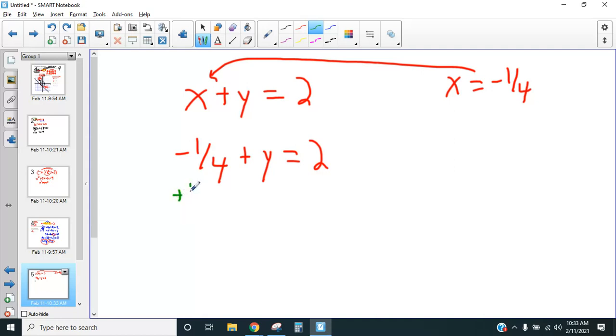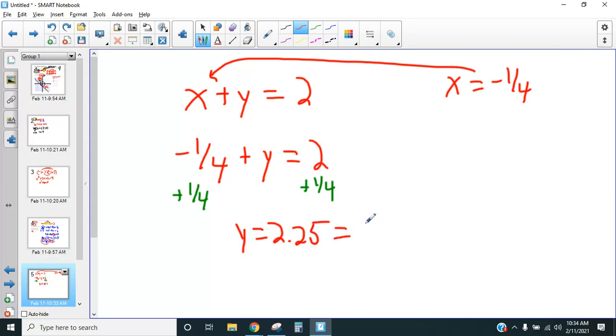So I'd have to add 1/4. And you can use decimals as long as they have an end to them. Okay? So non-repeating decimals are okay. So for example, we know 1/4 is 0.25. What do you get if you get 2 plus 0.25? 2 point. Yeah, there you go.